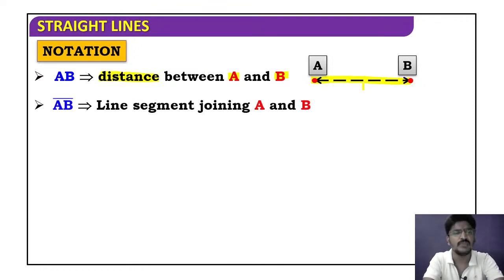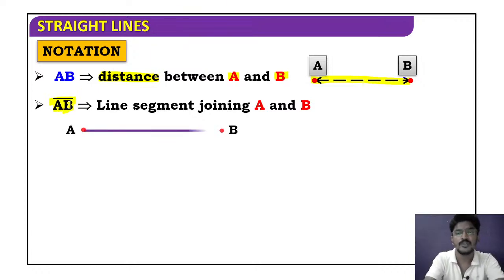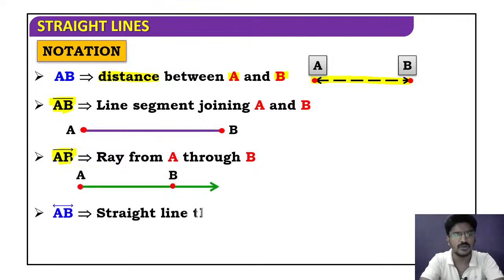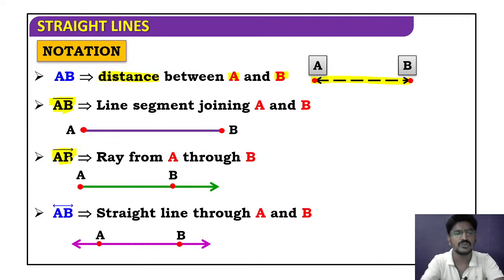And the line segment AB is given by like this. This is line segment AB. Okay, and this is a ray from A to B. These are some basic notations that are going to be very helpful for your competitive exams. You just go through that. This is the notation of the line passing through 2 points A and B. So these are some basic notations which we use in our class: distance between AB we write as just AB, and this is the geometrical representation.